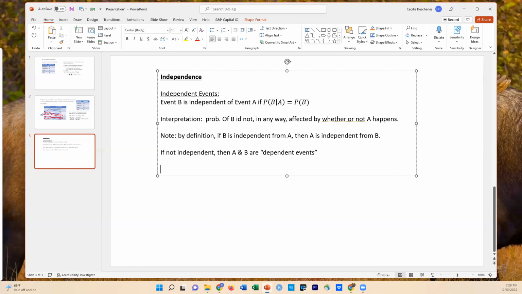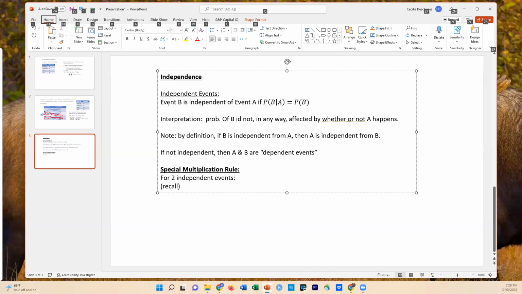From this, we get the special multiplication rule, which says that for two independent events, I'll start by recalling, so I'm sort of giving it to you and deriving it at the same time.